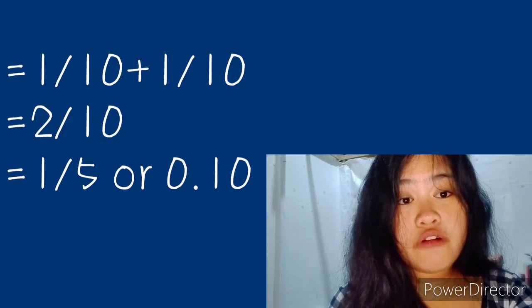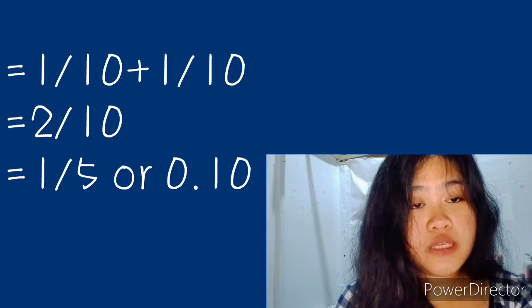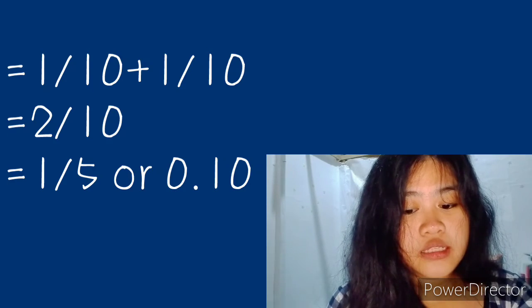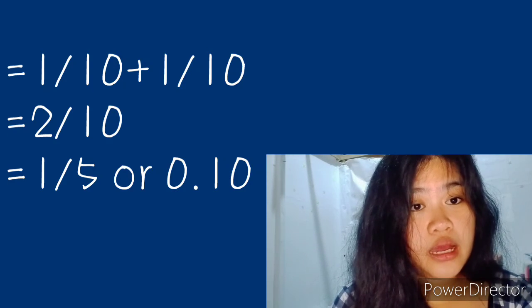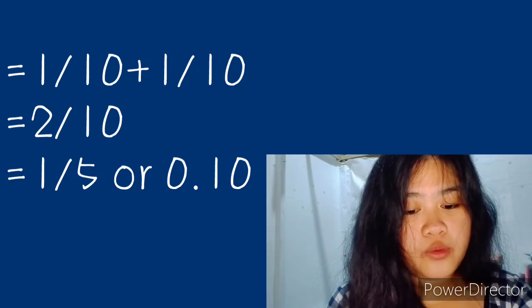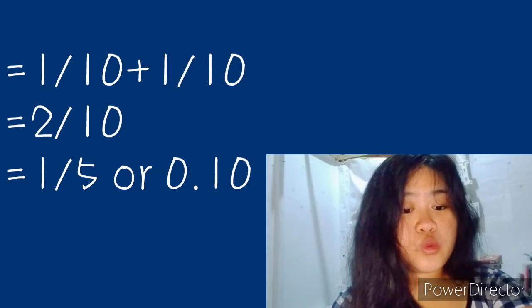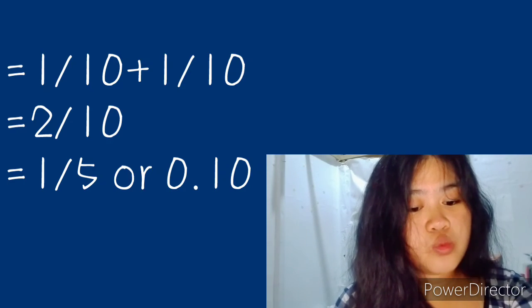So for letter E, find P(40) minus P(50). We are going to do the shortcut solution. P(50) is equal to 1 over 10 plus 1 over 10.